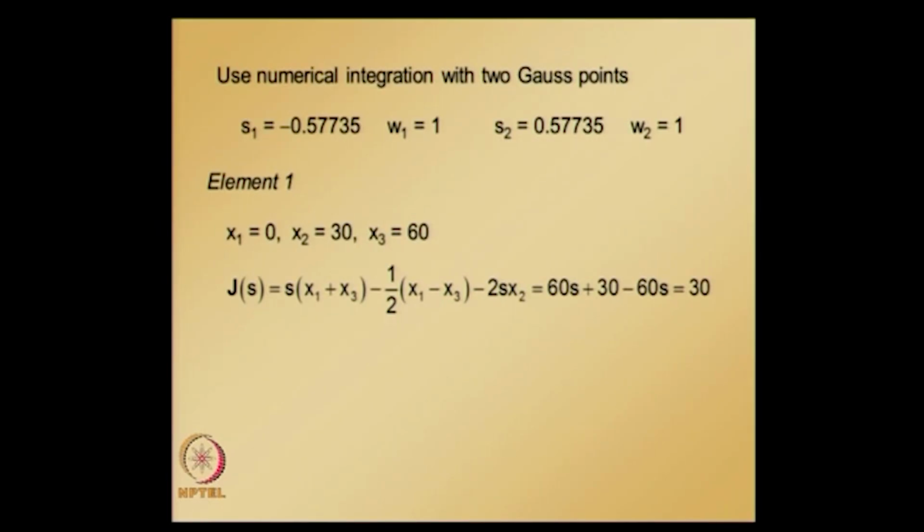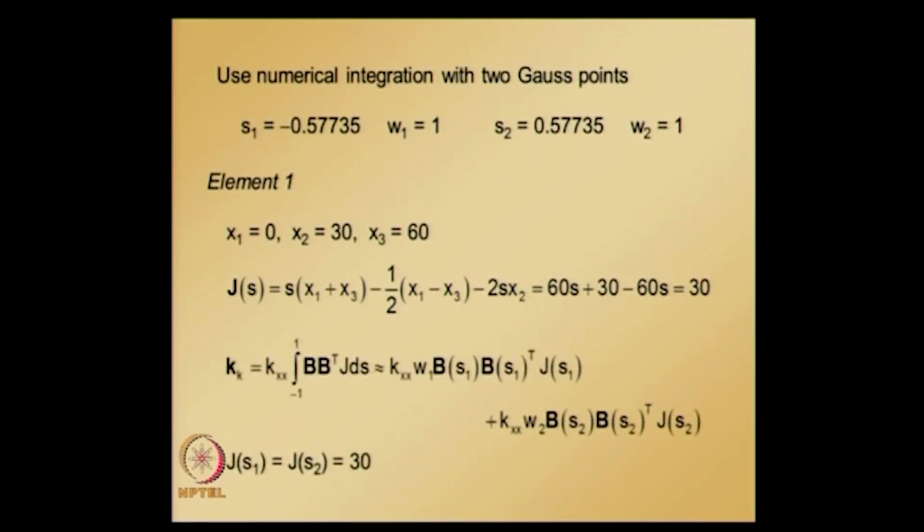And now to evaluate the integral Kk, please note that the coefficient of thermal conductivity kxx is constant, so it is taken out of the integral, and we need to evaluate the integral from -1 to 1 of B B transpose J ds, and that can be evaluated using one dimensional numerical integration by selecting 2 Gauss points.